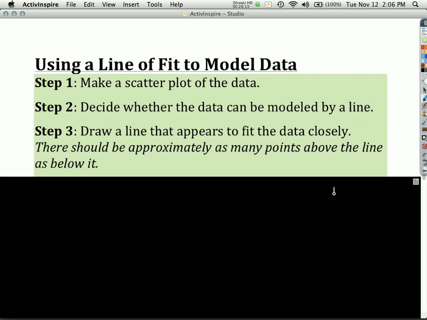Now we're going to draw a line. Here's the interesting part. Everyone's can be slightly different, and everyone can still be correct. We try to draw a line that fits the data. Here's one way to know. Approximately as many points will be above the line as below it. So that's a guide that we're going to use in a little while.